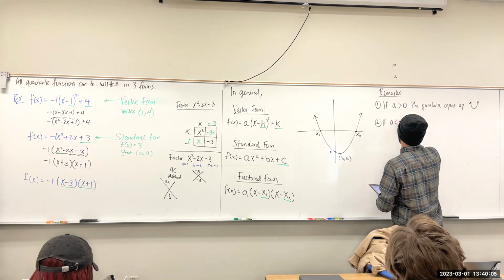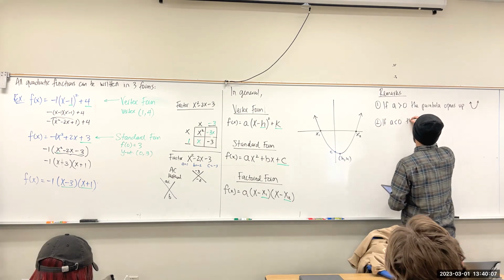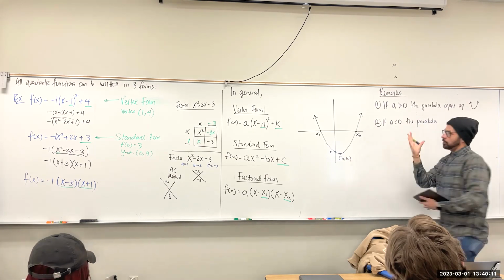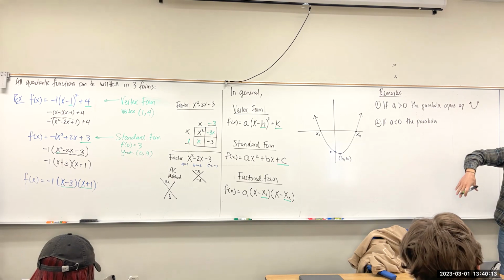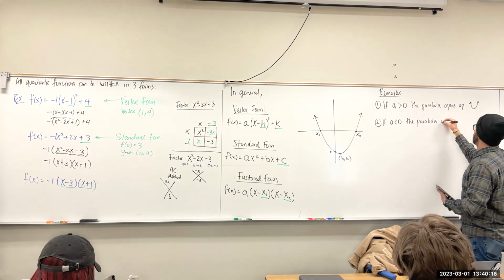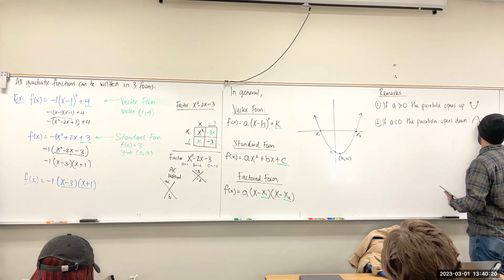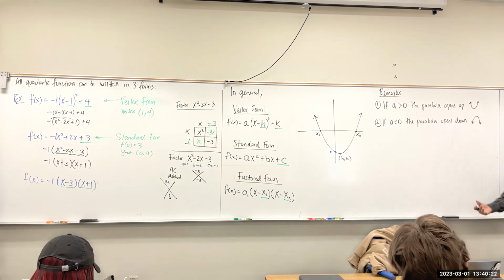If that a value is negative, that's going to force the reflection across the x-axis to happen. So the parabola opens down. It's negative, it had a bad day, so it's going to open down, it's frowning.